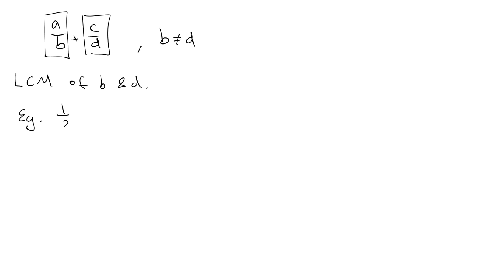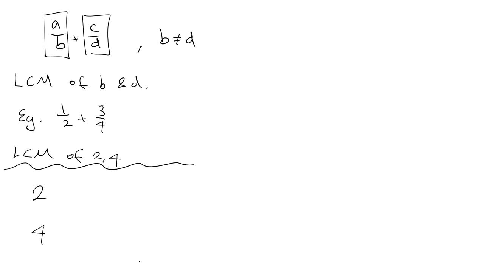So let's say we had 1/2 plus 3/4. We need to find the lowest common multiple of 2 and 4. To do that, we write 2 and 4, and we list out the multiples of 2: 2, 4, 6, 8, 10, and so on, and 4: 4, 8, 12, 16, and so on.